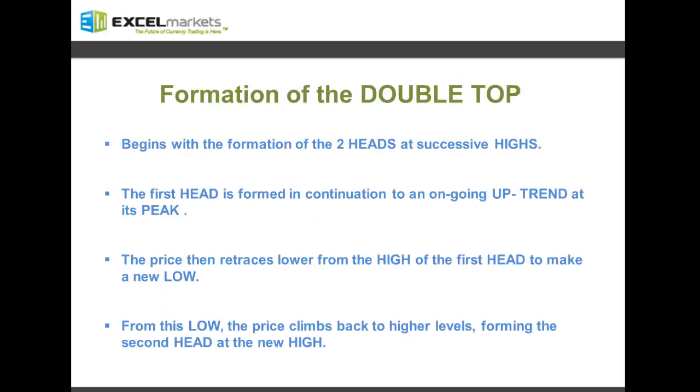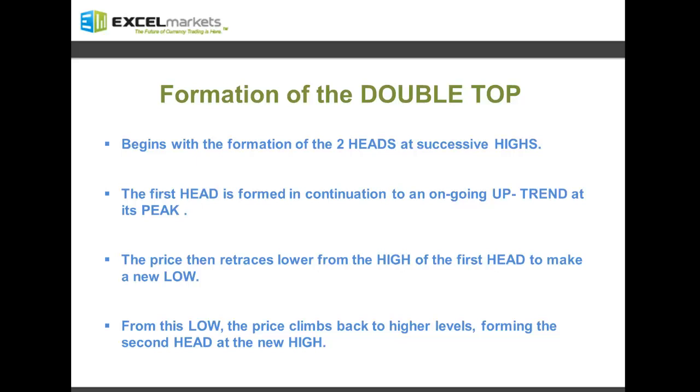The formation of a double top begins with the formation of the two heads at successive highs in a given price move. The first head is formed in continuation to an ongoing uptrend at its highest point or the peak. The price then retraces lower from the high of the first head to make a new low.